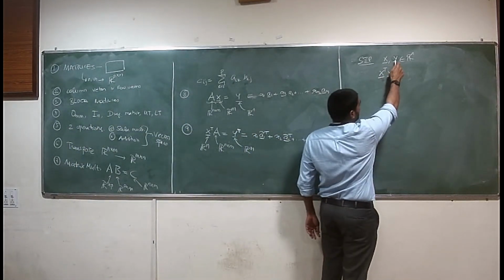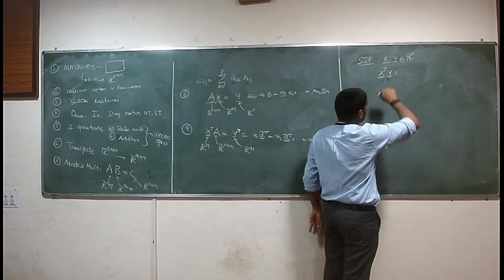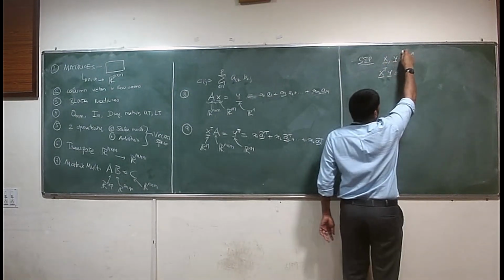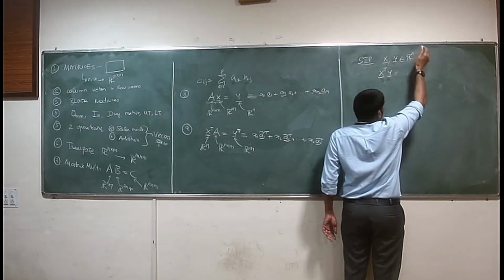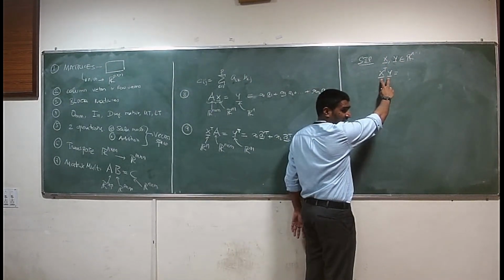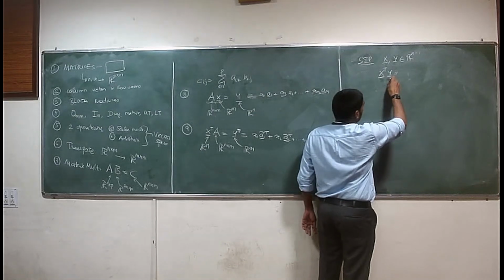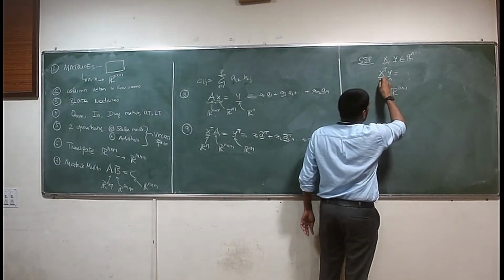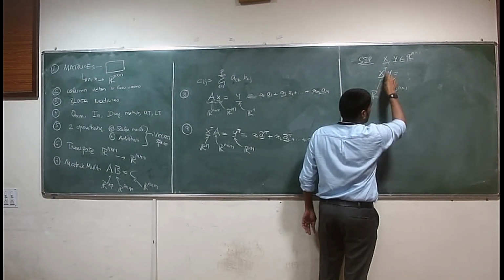If you think of each of these as a matrix, a column vector, or a matrix from R^(n cross 1), are you allowed to do this? Yes, we are. This is from R^(n cross 1). This is 1 cross n, because you've taken the transpose.